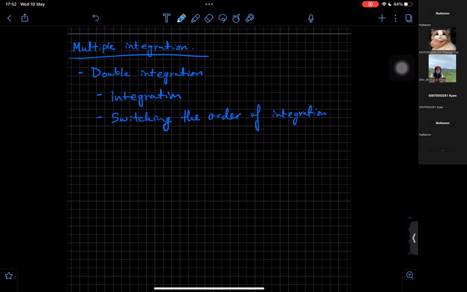This is what you're going to see in the double integral. The substitution, and in this they will have the Jacobian determinant, the Jacobian.